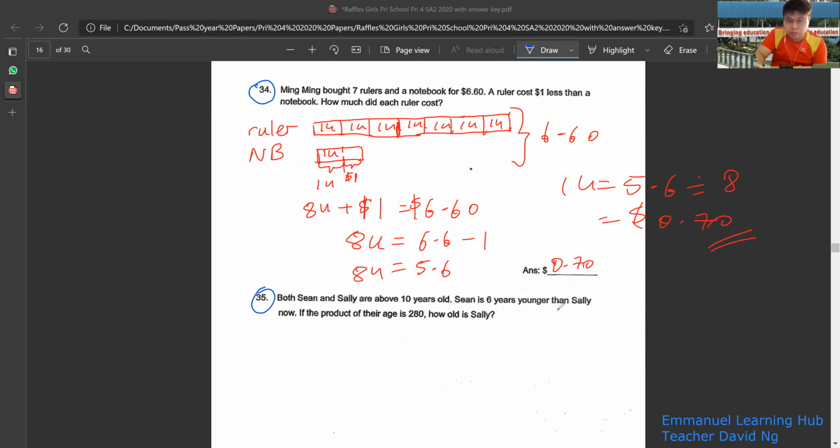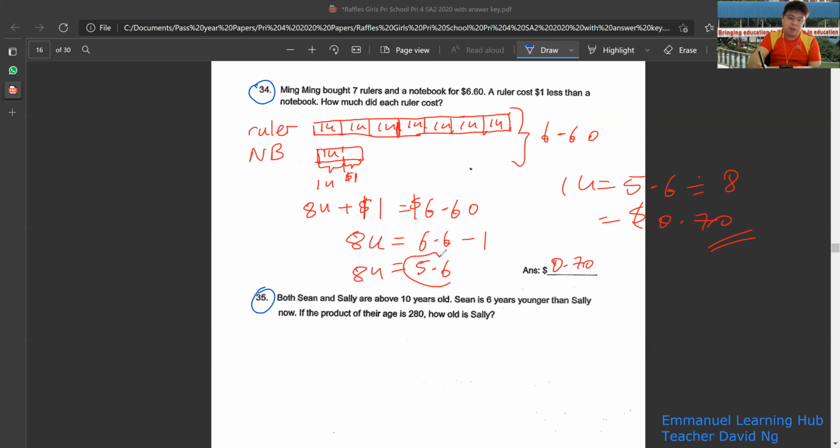Because 1 unit, one unit divided by 8 equals 70 cents. Because 560 divided by 8 is 70 cents.